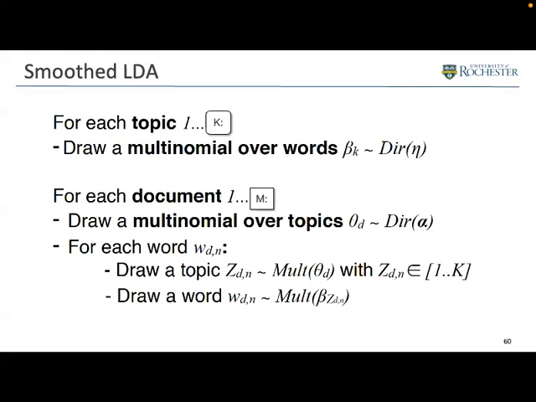For each document, we first draw the multinomial of the topics by alpha, and for each word, we draw the topic from theta, and then we draw the word from the multinomial distribution by beta, because beta is changed. So this is the difference between the smooth LDA and the previous conventional LDA.